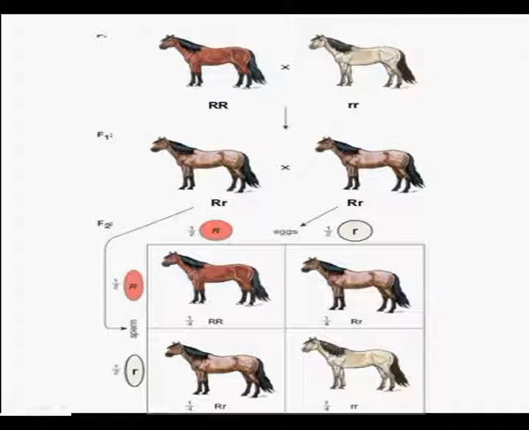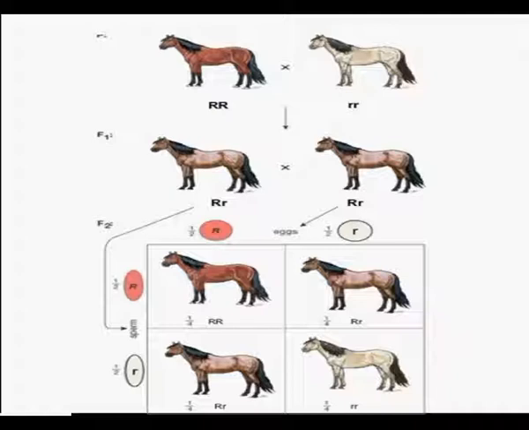Now, the two F1 individuals are crossed. As per the principle of segregation, again we get one individual capital R, and one individual small r. One is red, another is white. But along with these two, we get another two individuals showing the genotype capital R, small r, with the phenotype roan.